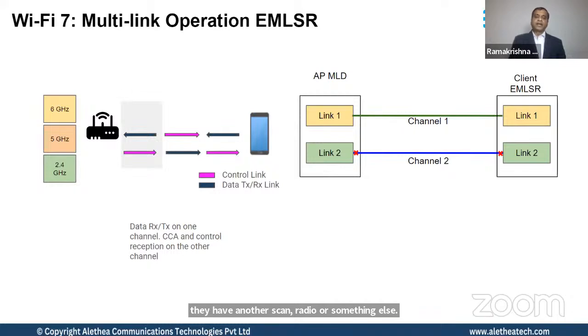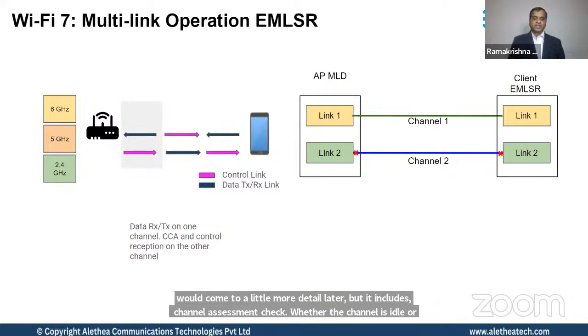But what is required for it to qualify as enhanced MLSR is that the device should be capable of receiving control frames on the other link when transmitting and receiving on the current link. When I say control frames, I will come to more detail later, but it includes channel assessment, checking whether the channel is idle or not, and reception of RTS, CTS, MU-RTS, and so on.